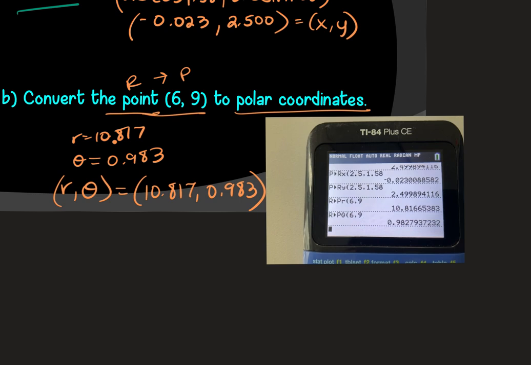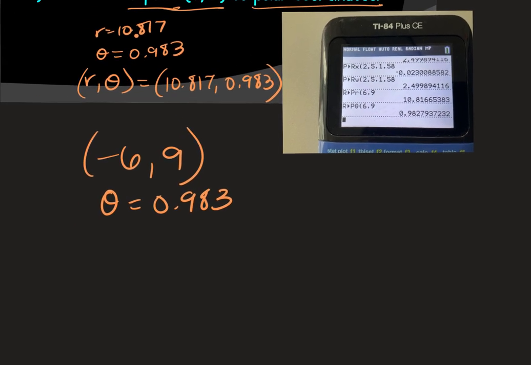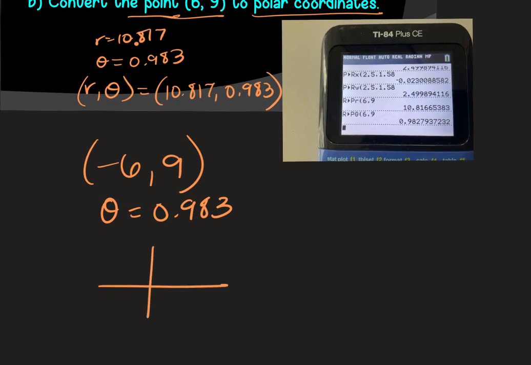Let's say it's negative 6, comma 9, and I do second tan of 9 divided by 6, I get theta equals 0.983. And if you remember your reference angles, this is 0, this is 3.14. Oh, I didn't make it negative, sorry, hang on.